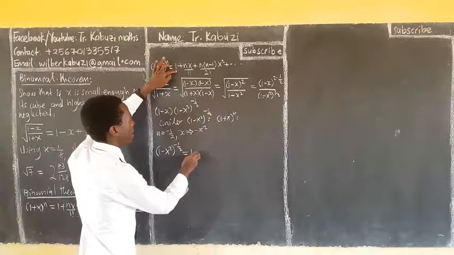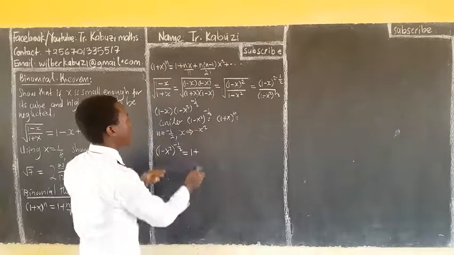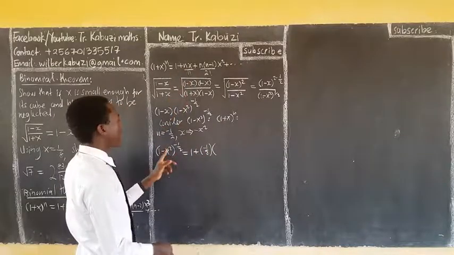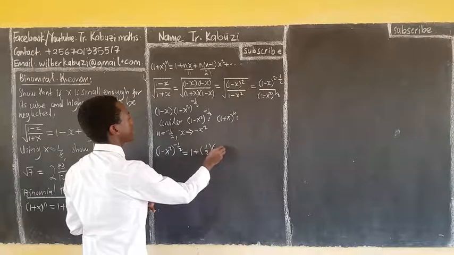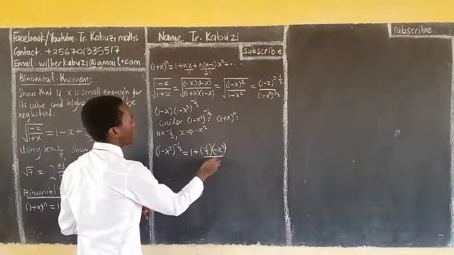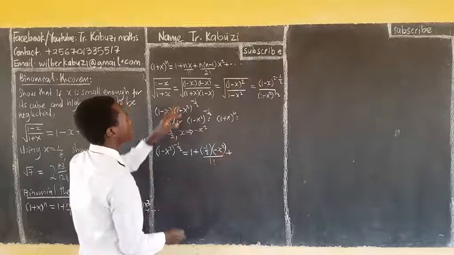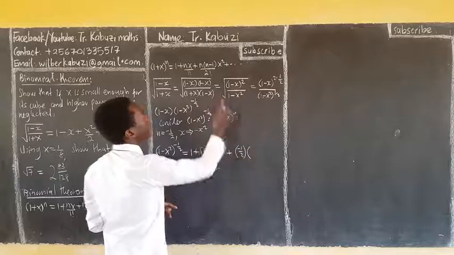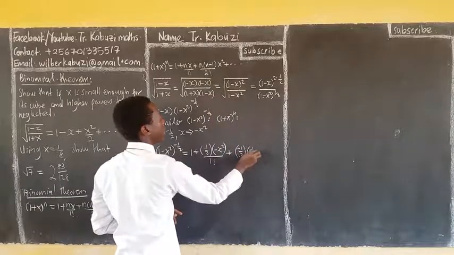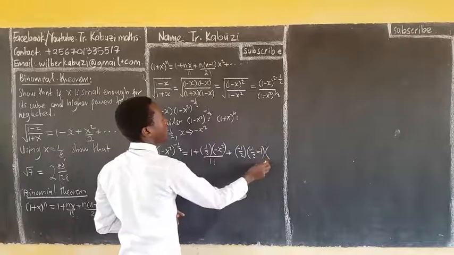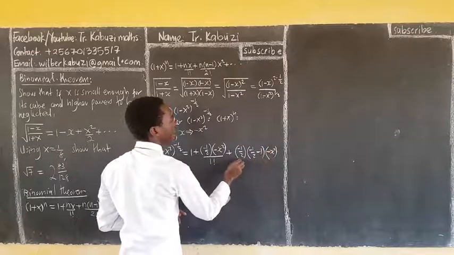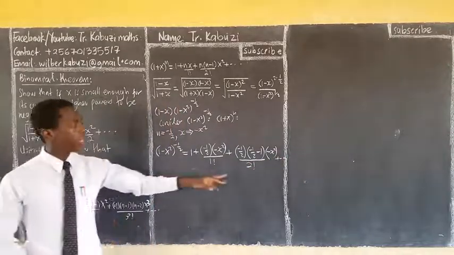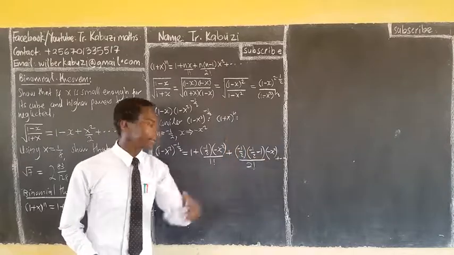So 1 plus n, my n is negative half, into x, my x you see is negative x squared, over 1 factorial, then plus n, which is negative half, then n minus 1, which is negative half minus 1, then x, negative x squared, the whole over 2 factorial, plus other terms coming. You always include this so that it shows there are other terms still coming.